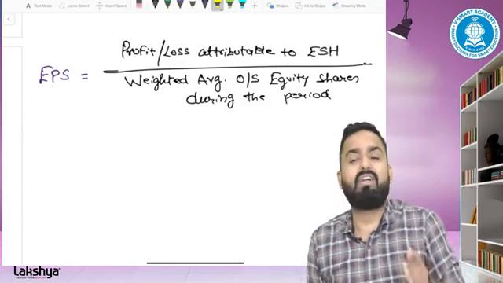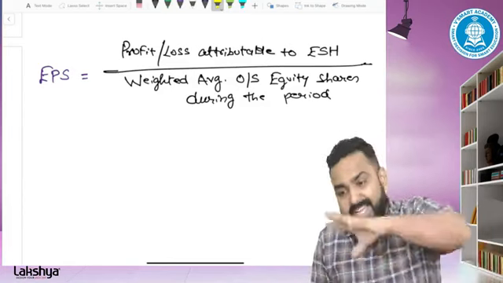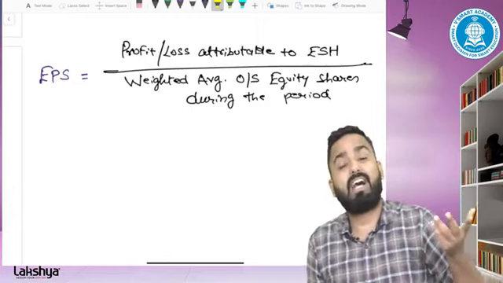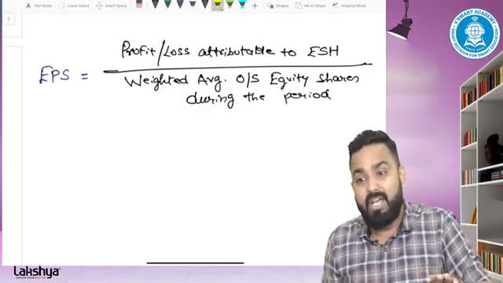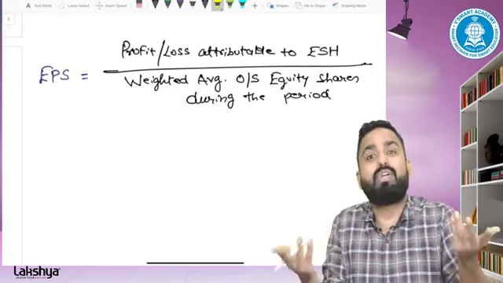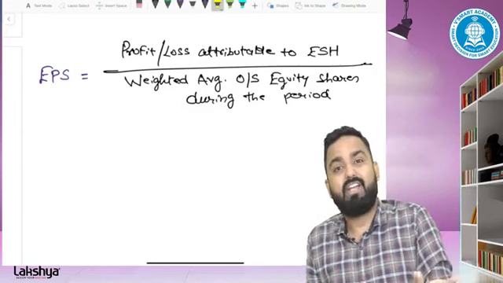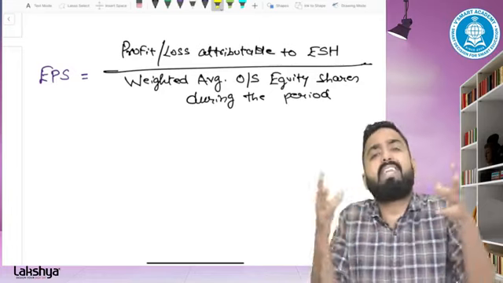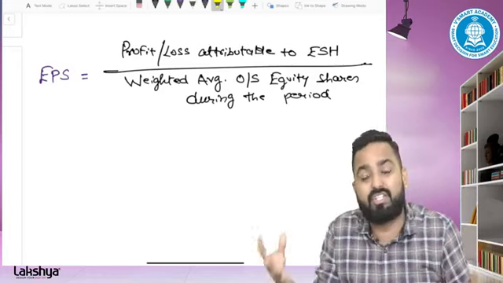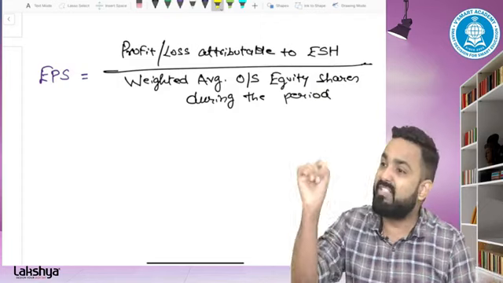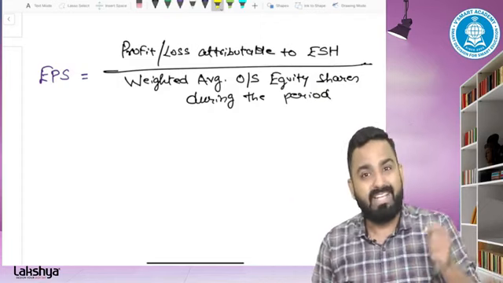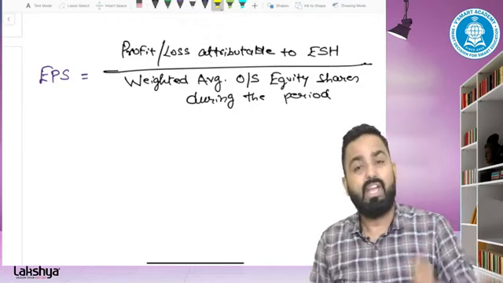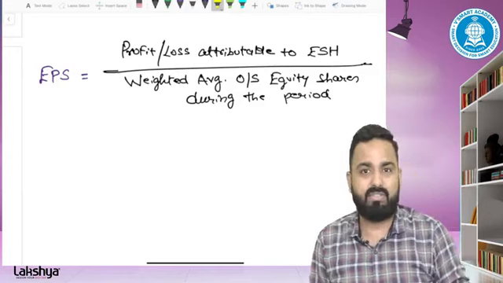In the same year, suppose the ESOP, or employee stock option plan, has been exercised, and we have to issue the shares. So there may be so many transactions during the year in respect of the same class of equity shares.